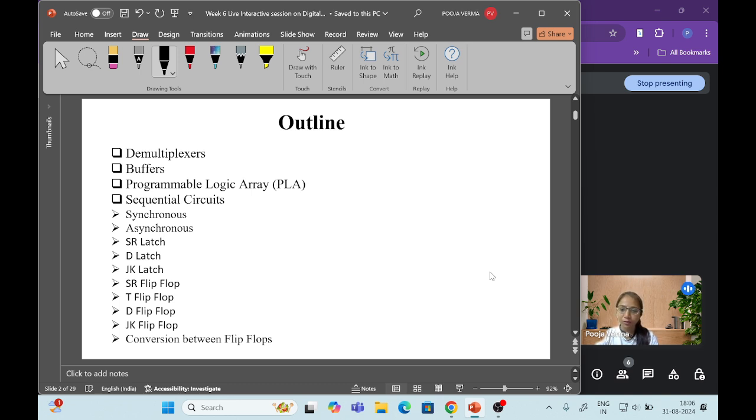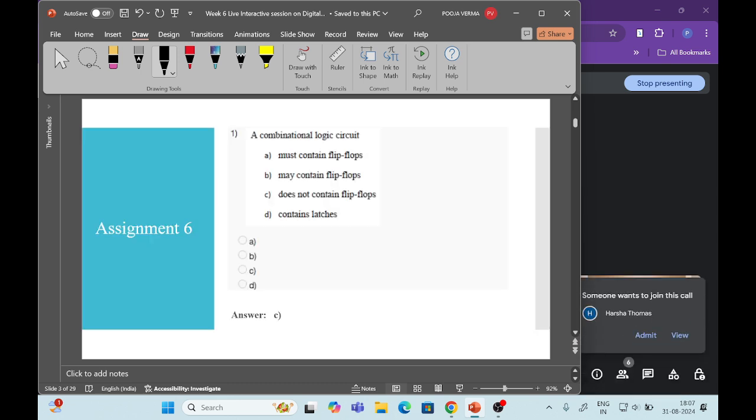Then come to the flip-flops. There are also four types of flip-flops: SR, set or reset flip-flop, T flip-flop, that is also called toggle, D flip-flop, or we can say delay flip-flop, and JK flip-flop. And then conversion between the flip-flops. That topic has been started but not completed. That we will carry out in the next week also. Okay, so let's start with some questions.